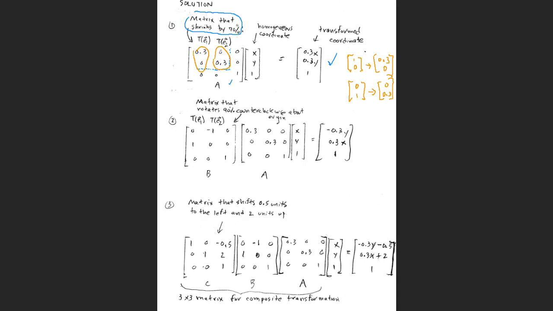Next, what we want to do is find a matrix that will rotate points 90 degrees counterclockwise about the origin. So that matrix, it turns out, is going to be this matrix here.